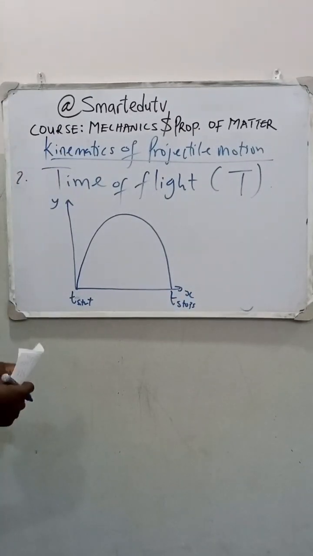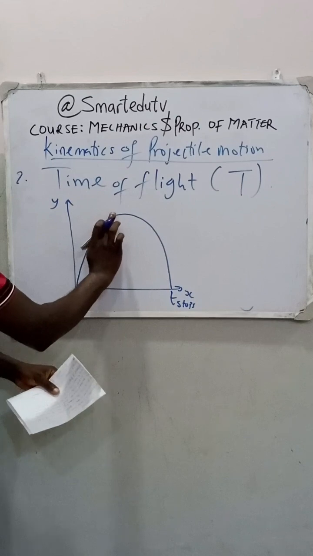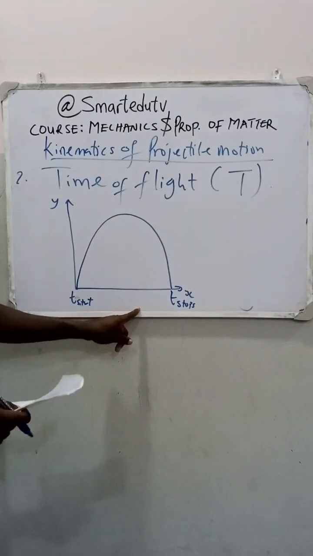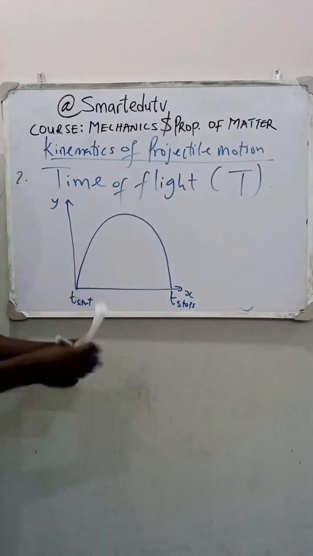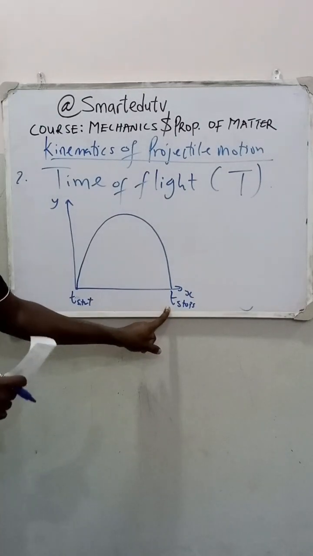So we can see the total duration of that motion, from when the object starts to when the object stops. That is what we are interested in: the total duration the object used from the starting position to the stopping position.